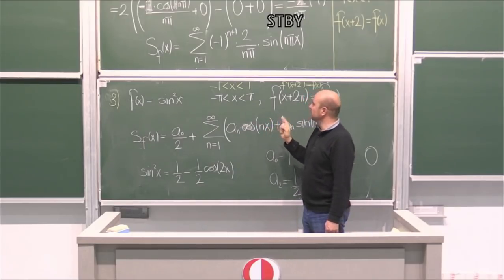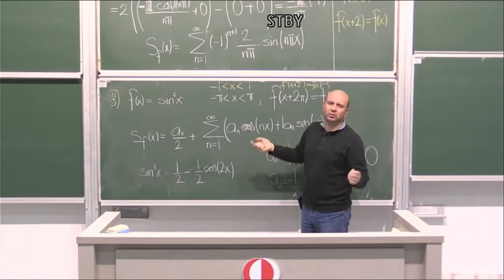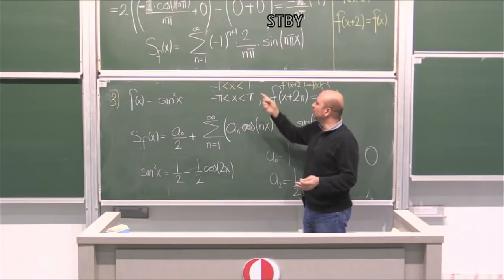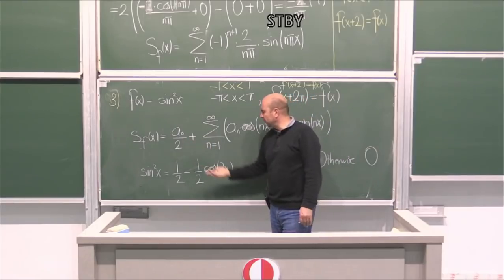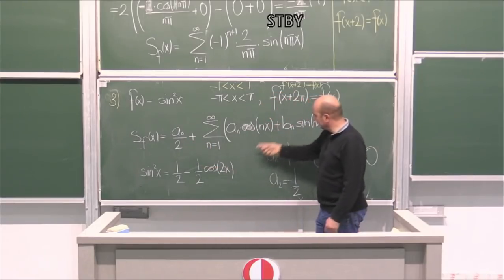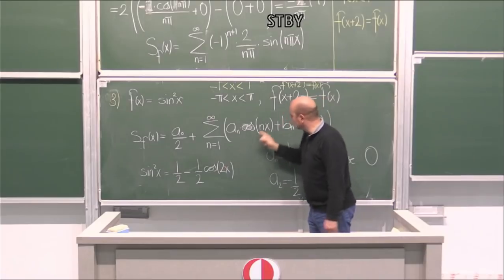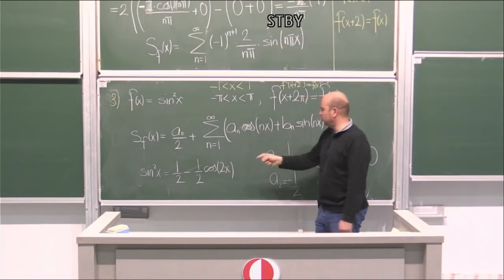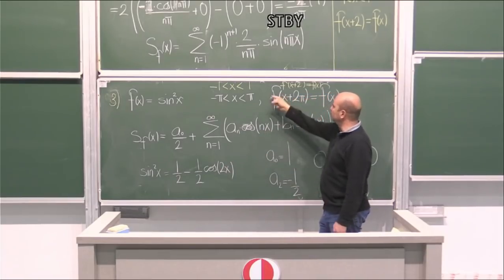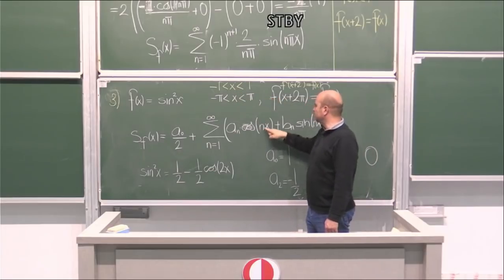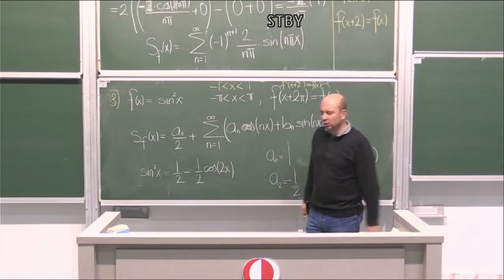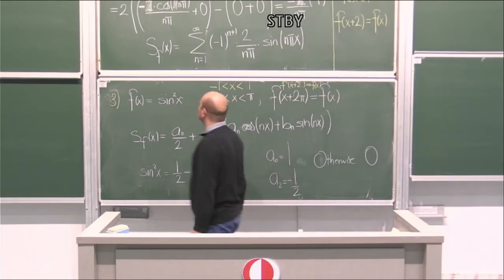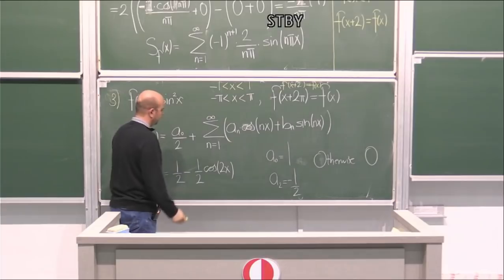So in that case, unfortunately, you have to use the formulas of a n and b n. Here you can escape from the formulas because the frequencies match, but for this one they won't match because you will have pi here and no pi in the formula. Unfortunately, you have to do the computations.